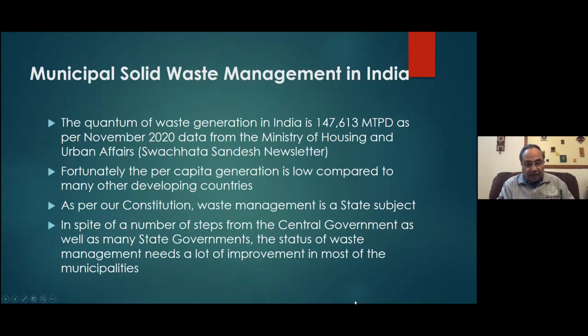As per our constitution, waste management is a state subject, not a central government subject. But in spite of a number of steps from the central government as well as many state governments, the status of waste management needs a lot of improvement in most of the municipalities.